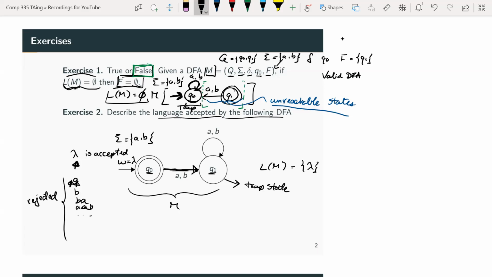Remember, we had a couple of languages that were quite important in this course. We had the empty set as a language. Then we had the universal set, or sigma star, as a language. And finally, we had the set containing lambda, the language containing only lambda.